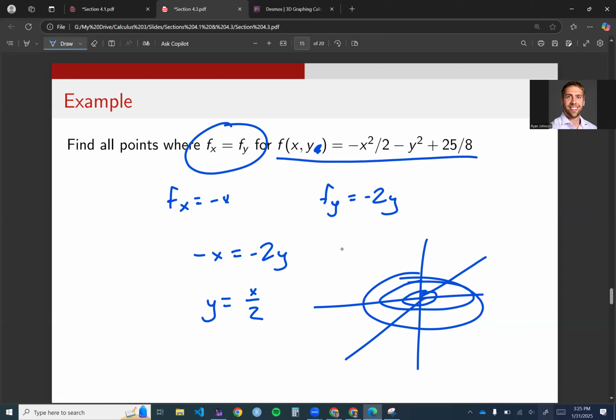So if I'm hiking up the parabolic hill this way, the slope in this direction and this direction is the same. So I walk up, and when I start walking down, the slope is the same. Sound good? All right.